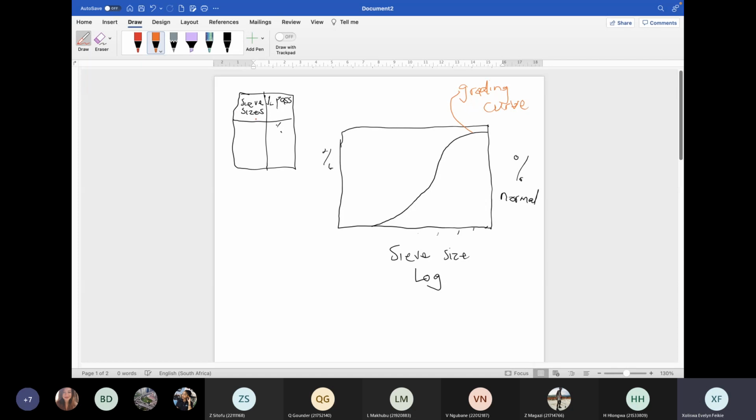You took the sieve sizes and your percentage passing that you calculated from mass retained and percentage retained. And finally, you get a graph like this. You draw this graph using a flexible ruler because it will not be straight lines, it will be a curve.